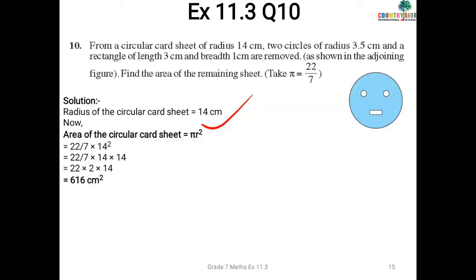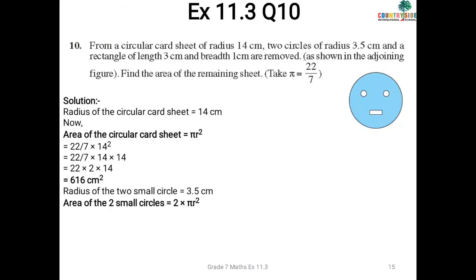Now you simply have to find the area of these 3, that is 2 circles and 1 rectangle. Okay, so see how we are going to solve it. The radius of the 2 circles is 3.5. There are 2 circles, that's why we are multiplying by 2.